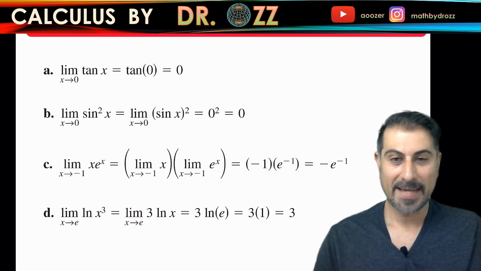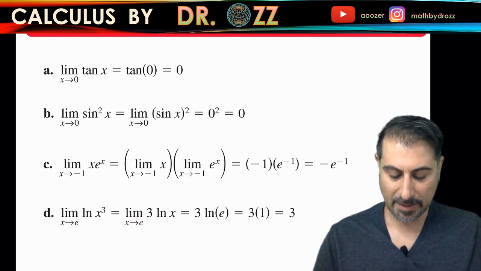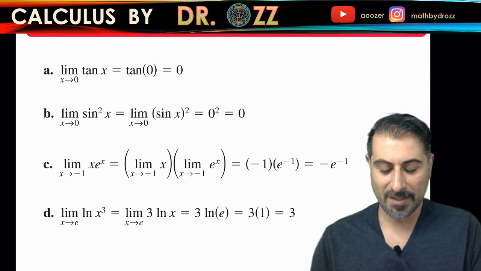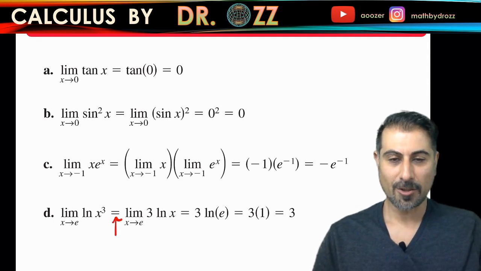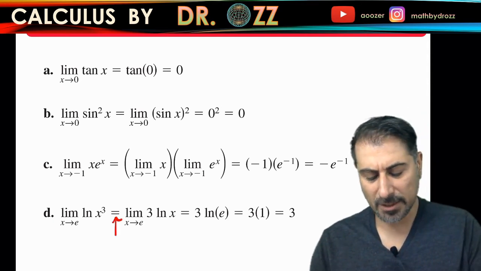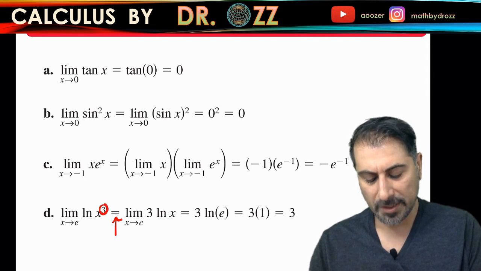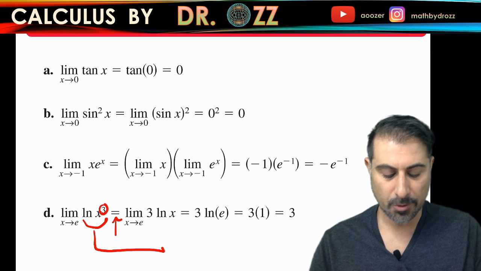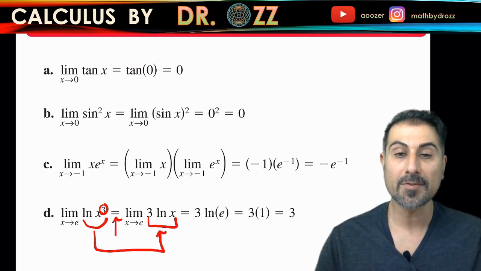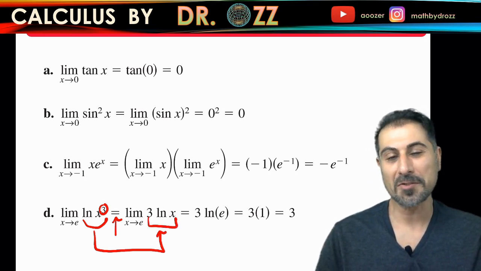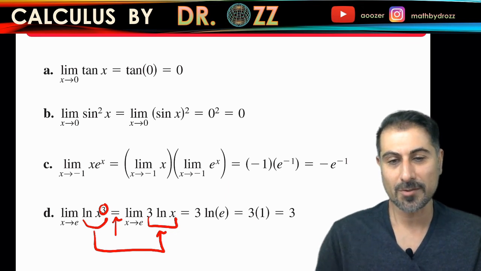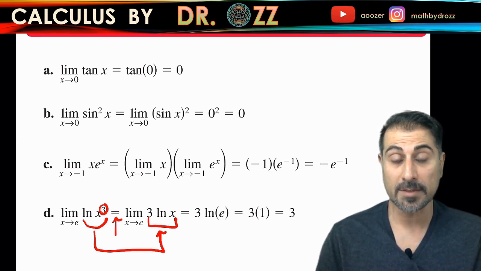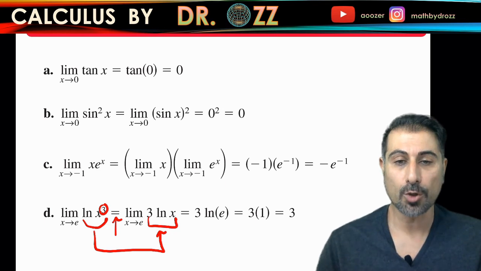And finally, we have ln of x cubed as x approaches e. I'm using a property of the natural log function, which is that I can always pull the exponent out so that ln x cubed turns out to be 3 times ln x, and the rest is using the limit property, which is directly substituting e for x.